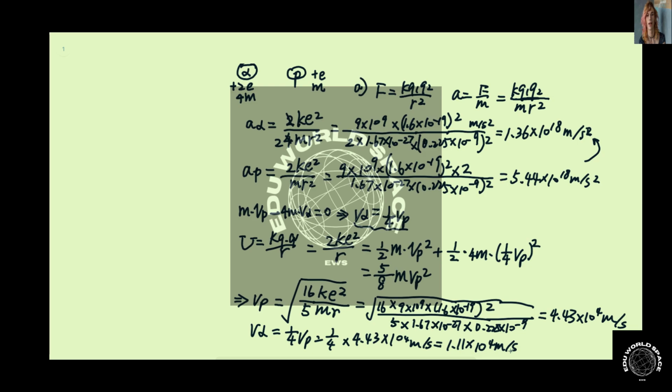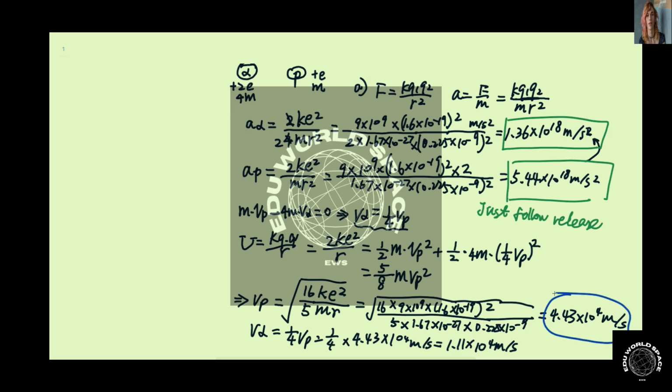So now we have all the things we want to look for. The maximum acceleration we've already found, and it occurs immediately, just after release. The maximum speed will actually happen after a very long time, an infinitely long time. Why?